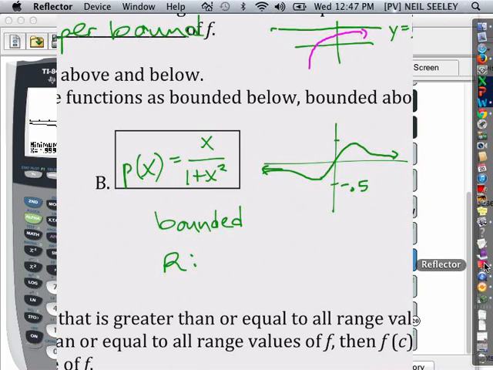And I know the top one's also 0.5, so I'm not going to find that one right now. But we're going to use that min and max option here a little bit later. That means the range of this one is from -0.5 to 0.5, inclusive. It goes there, it touches. That's the highest it gets. And that occurs at -1 and 1, respectively.